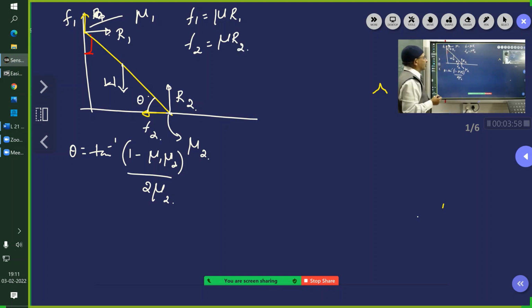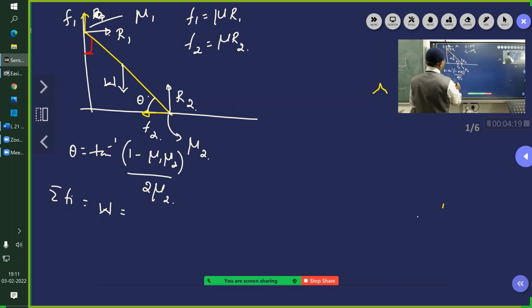Straight away you will relate these two equations. Then for the summation of vertical forces, W is down and these two are up, so W is equal to F1 plus R2.